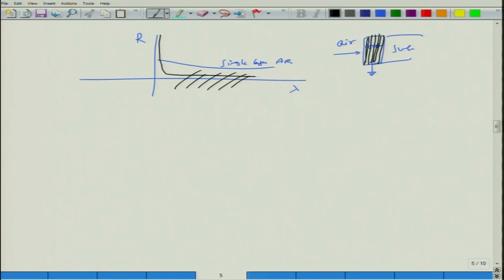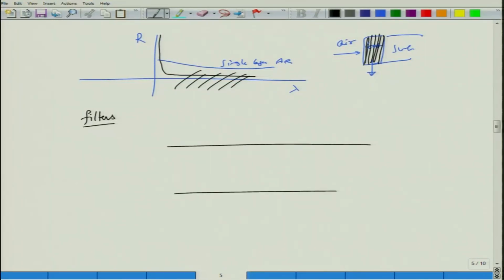In optical WDM components you come across what are called filters. We will have more to say about this filter technology when we talk about WDM components, but these filters are called interference filters. What these interference filters do is that you have an alternate stack of high and low indices. In between you will have either a low or a high, it does not matter.